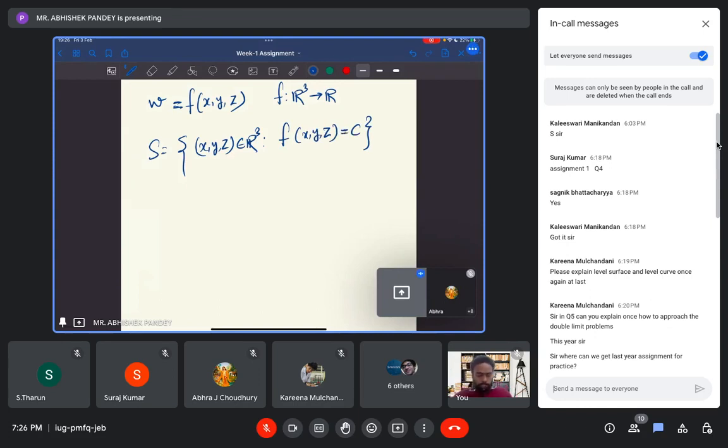Then in this case it is possible to draw the graph of this S, isn't it? Is it clear?